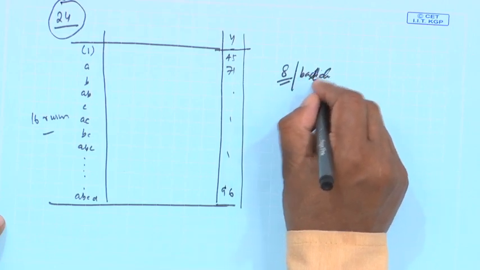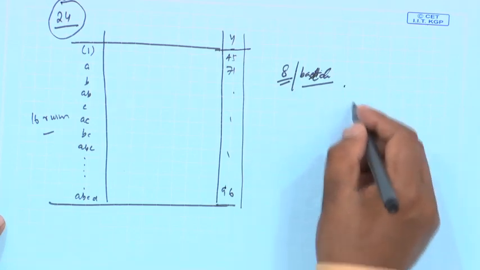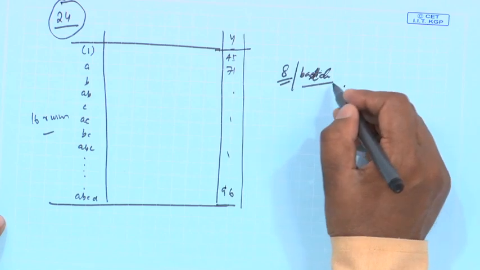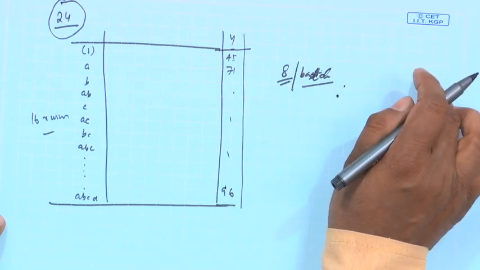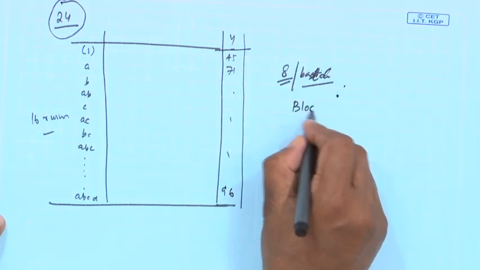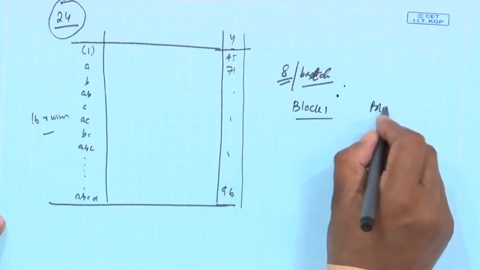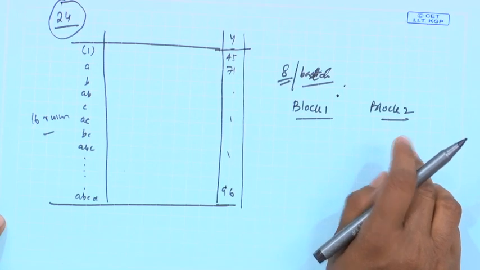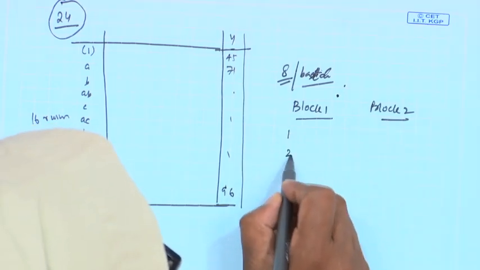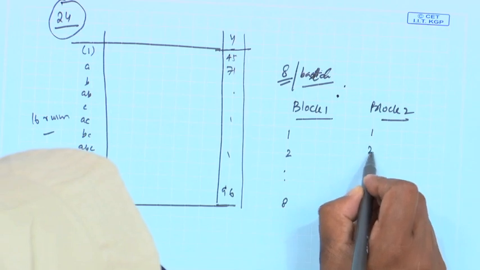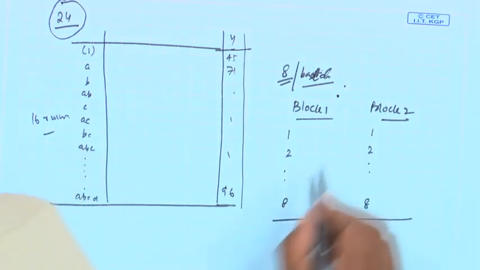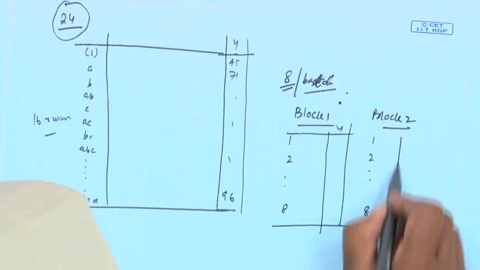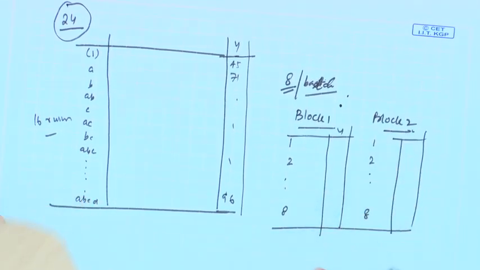As a result, the blocking concept comes into the picture. So, each batch here represents one block. So, we use block 1 and block 2, that means 2 batches of raw material. Here you will have 1 to 8 runs, here also you will have 1 to 8 runs. Then you will have the response values y here, and here also you will have the response values y.